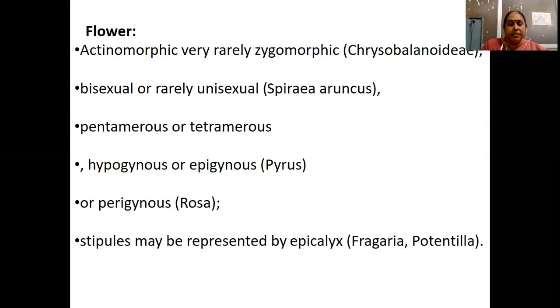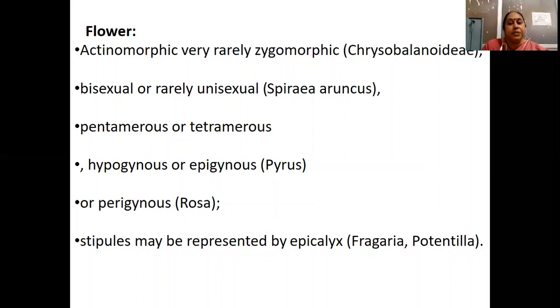Coming to the next character, that is the flower. Flowers are actinomorphic, very rarely zygomorphic, bisexual or rarely unisexual, pentamerous or tetramerous. They are hypogynous, or epigynous in case of Pyrus, that is apple, or perigynous as in Rosa.